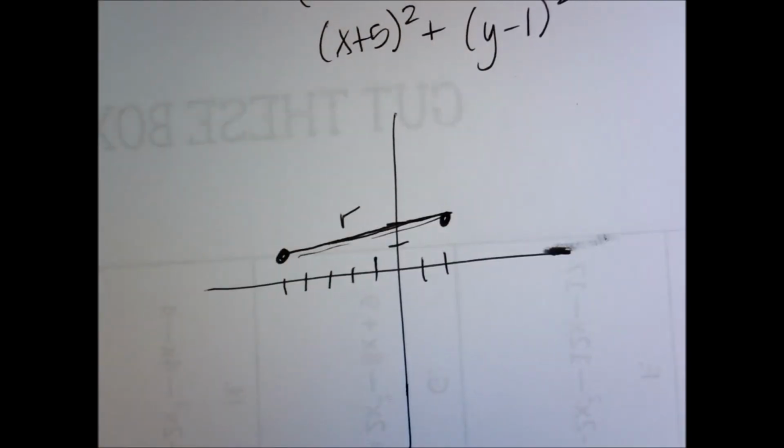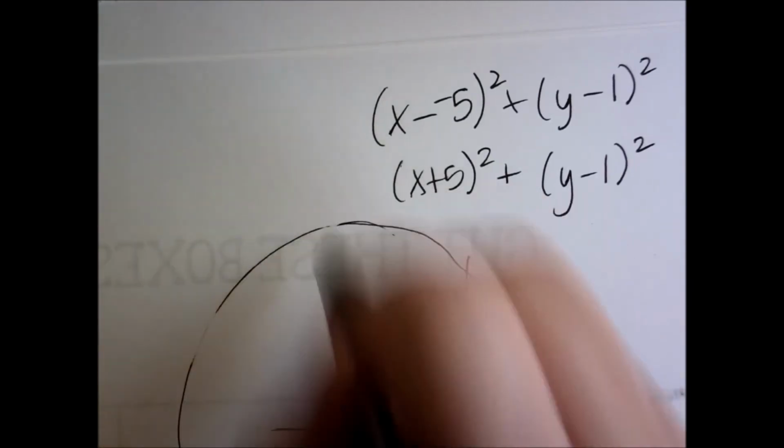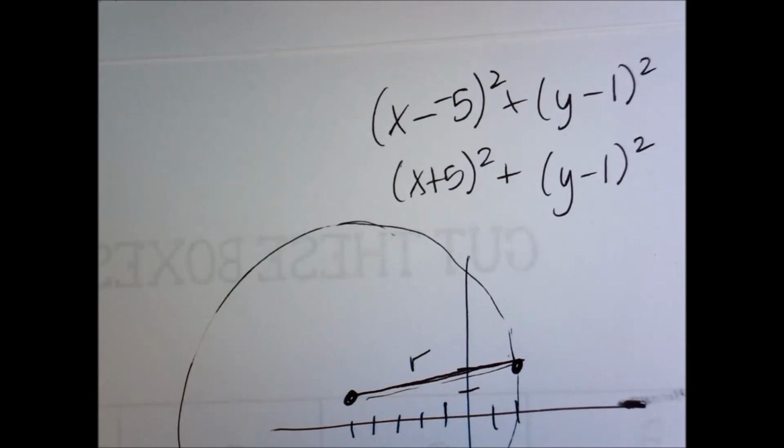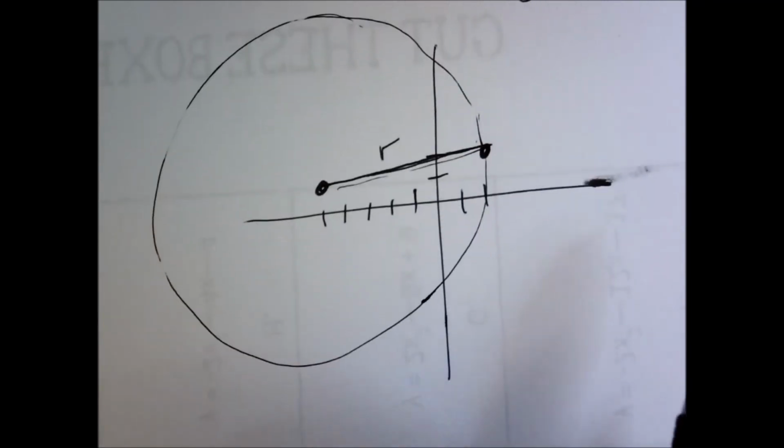So I could use the distance formula, but it turns out that the circle formula, the standard form of the equation of a circle, really is the distance formula. It really is a special case of the distance formula, because remember the definition of a circle is all the points that are this distance away from the center. So the circle formula looks a whole lot like the distance formula for a reason. It's really just a special case of it.